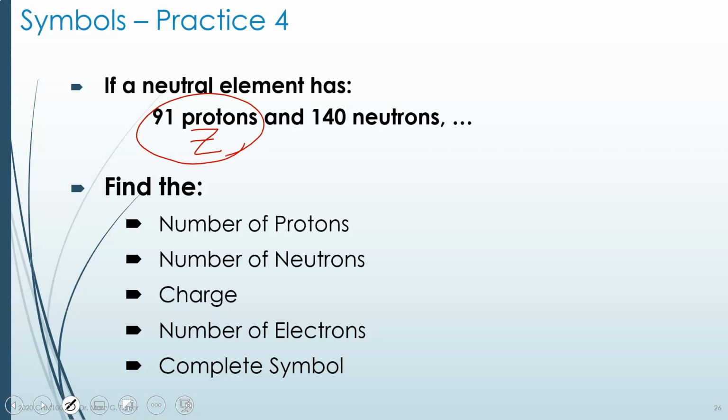91 is protactinium. Protactinium has a symbol Pa. So we know the atomic number is 91 on all protactinium, but we know this particular one has 140 neutrons. When we add those two numbers together, we get 231 as our total protons and neutrons.